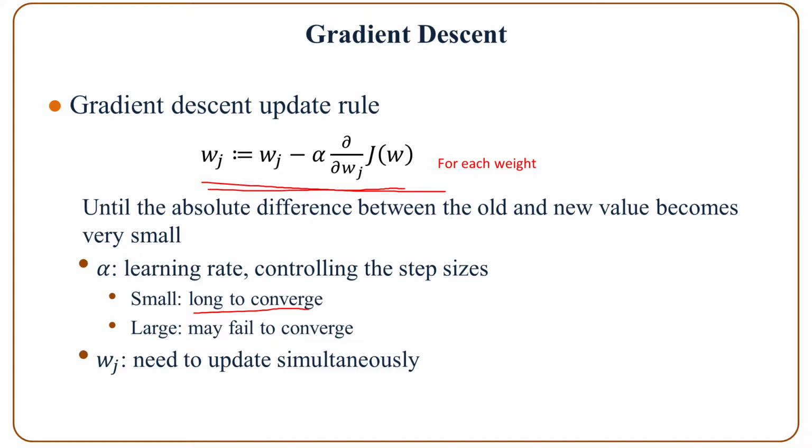But if it's too large, then it may fail to converge, maybe bouncing from one side to the other side. The weights need to update simultaneously. Otherwise, changing one weight may affect the other weights. This is very important.